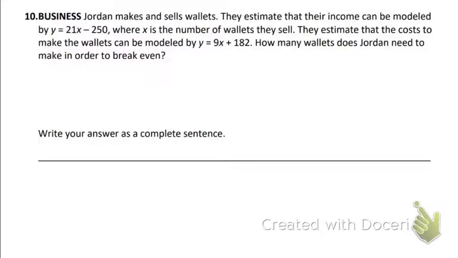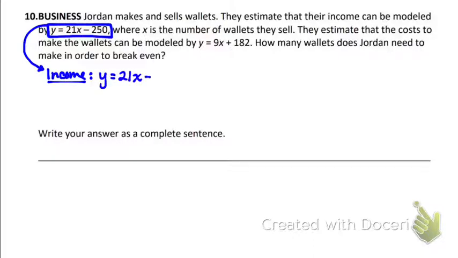All right, number 10, Jordan makes and sells wallets. They estimate that their income can be modeled by this equation right here. So that I can keep track of that, I'm going to bring that information down here. This is their income equation. Y equals 21x minus 250.